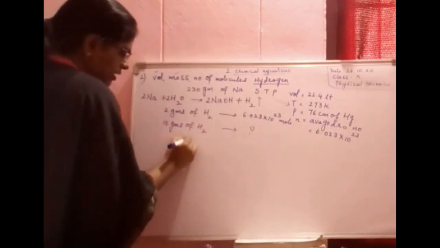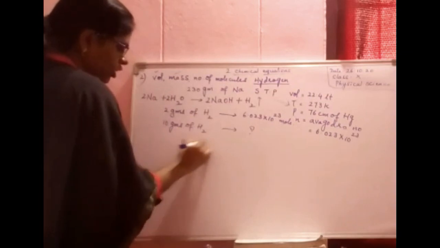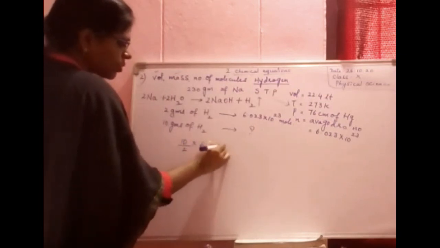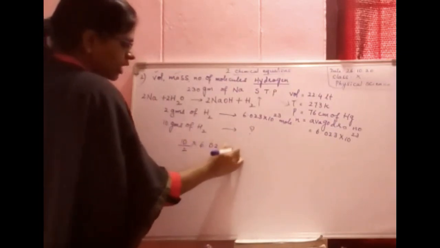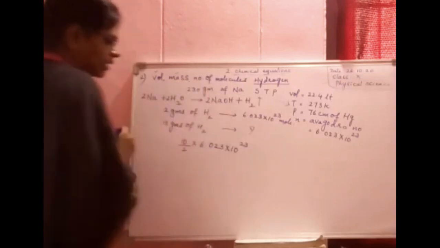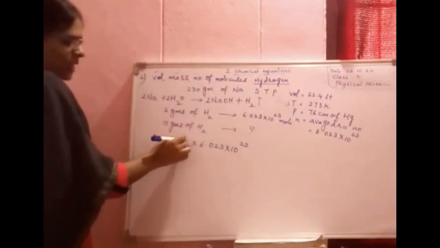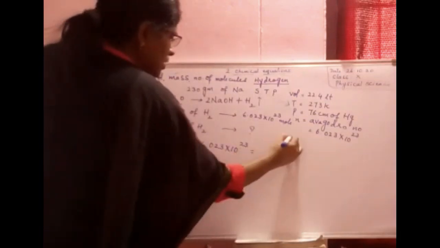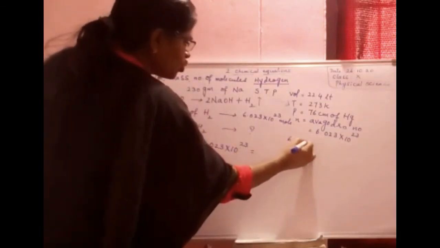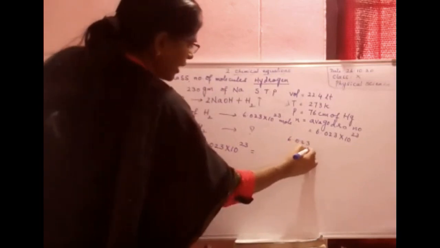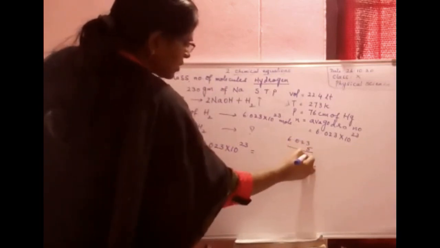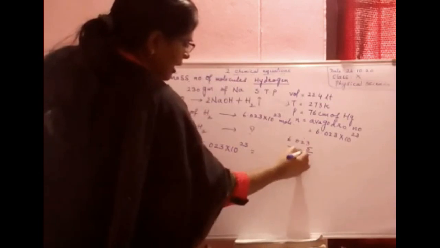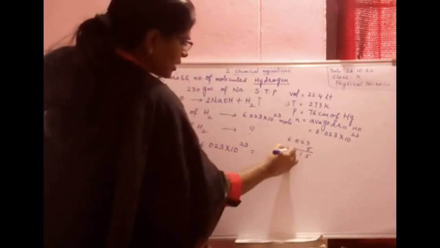10 grams of hydrogen will give you how many molecules? Look here. 10 by 2 into 6.023 into 10 power 23. 2 how many times? 5 times. Now 6.023 into 5: 5 3s 15, 5 2s 10 plus 1 is 11, 5 6s are 30.